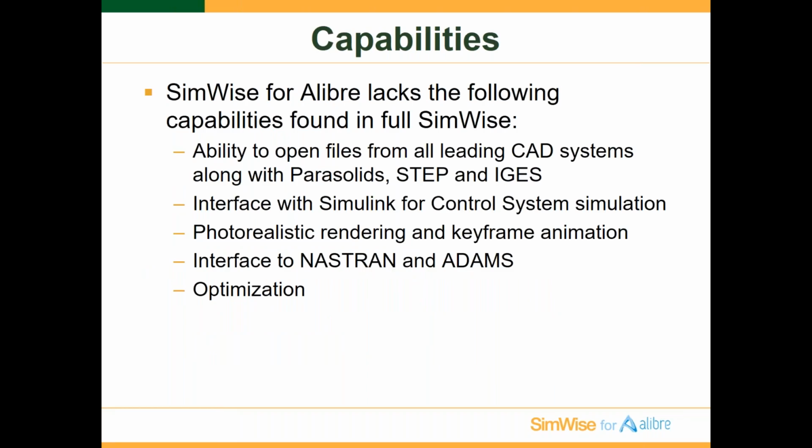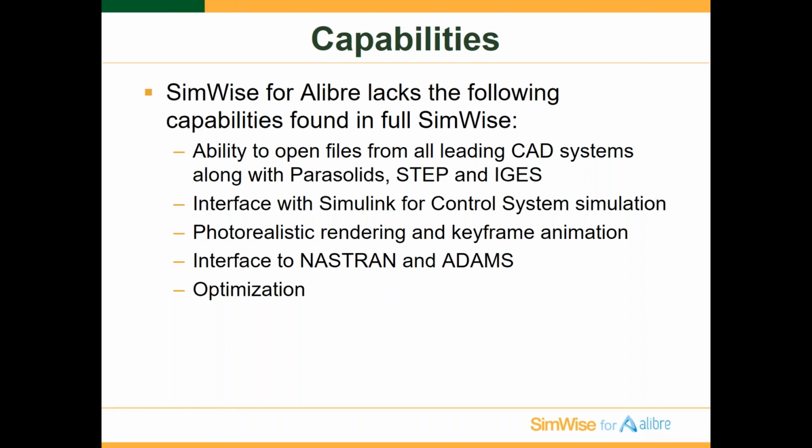But in order to achieve this pricing goal, we've taken out some capabilities that are available in the full SimWise. And these are the key capabilities that SimWise for Alibre doesn't have that you could get in the full SimWise. The first one is the ability to open files from all the different CAD systems that we support, along with Parasolid, STEP, and IGES.